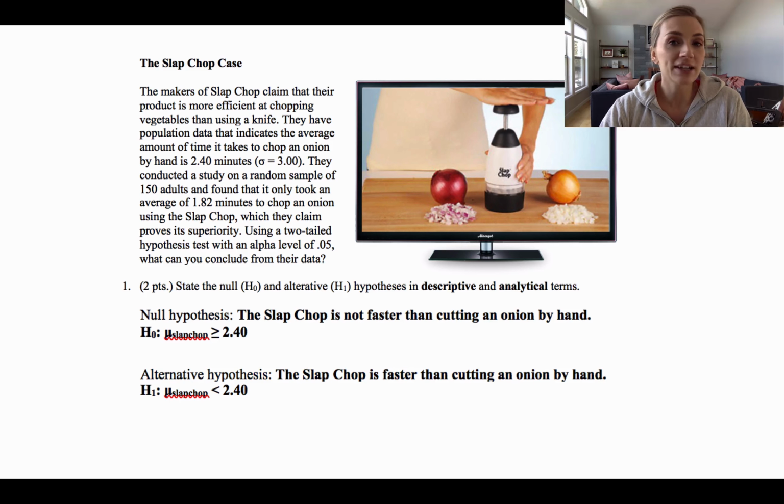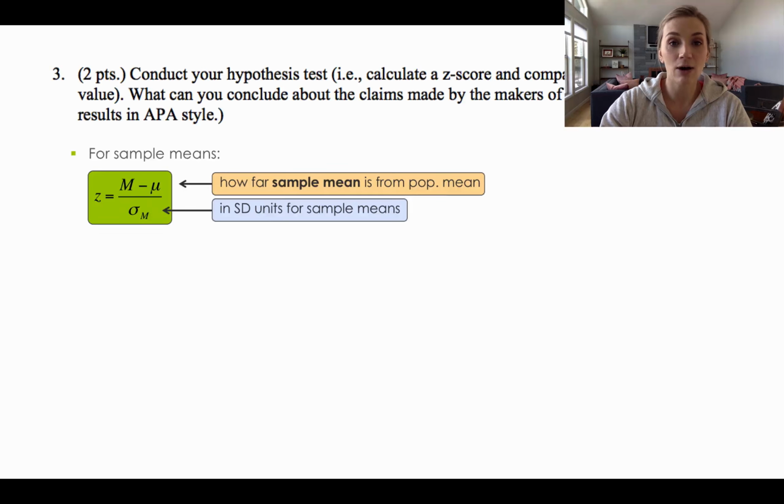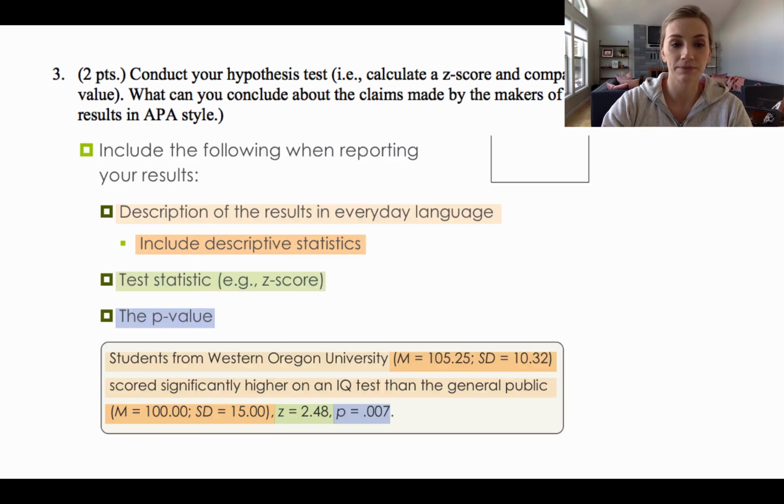And in a moment, the next part of the question is going to ask you to phrase these results in APA style. I simply take the hypothesis that was supported and make that my phrasing for my APA style results. So the hypothesis that was supported is this one. The slap chop is faster than cutting an onion by hand. As you'll see in a moment, that's how I'm going to phrase my results.